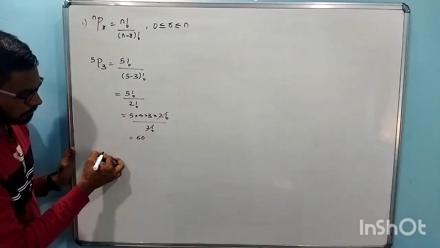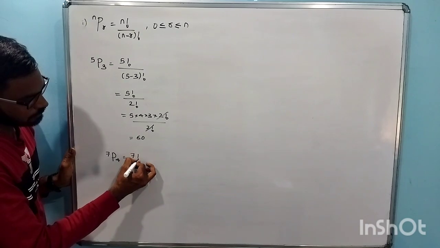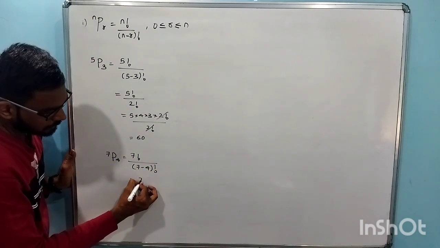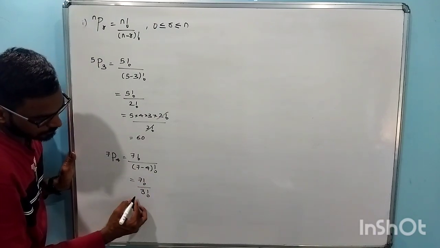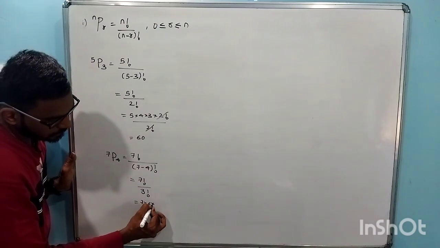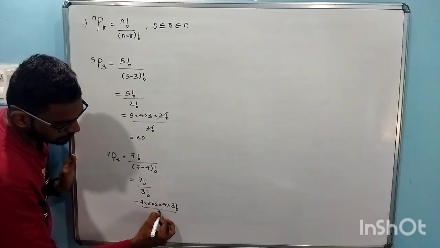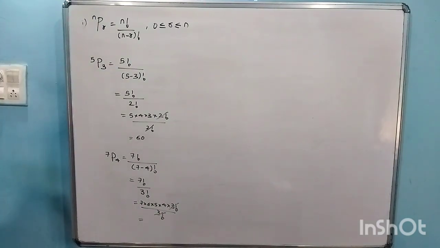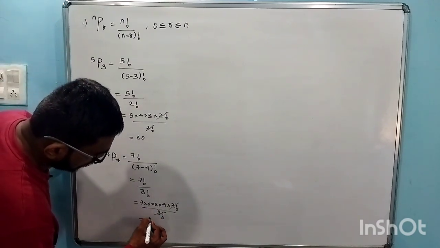Next, 7P4 will be what? 7 factorial upon 7 minus 4 factorial, which is 7 factorial upon 3 factorial. Okay, which is 7 into 6 into 5 into 4 into 3 factorial upon 3 factorial. This I can cut. 7 6s are 42 and 20. 42 into 20, so 840.